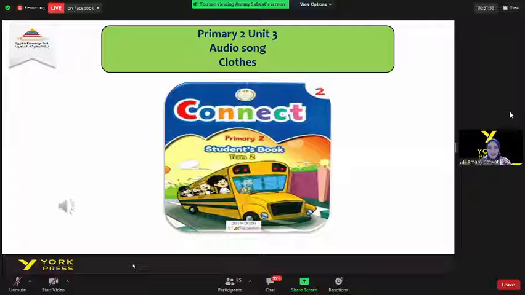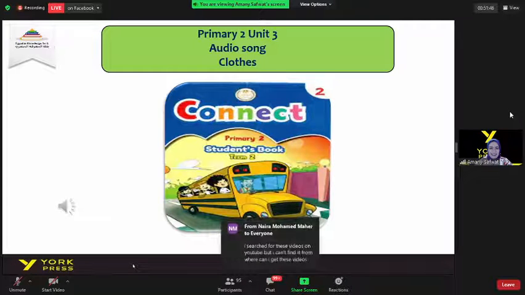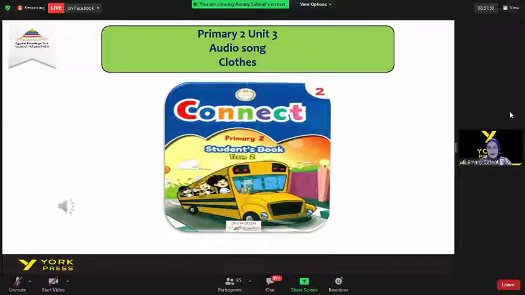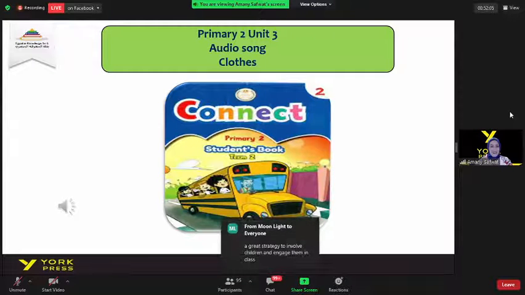It's your coat, it's my coat. It's your shirt, it's my shirt. They're my boots, they're your boots. They're my glasses, they're your glasses.